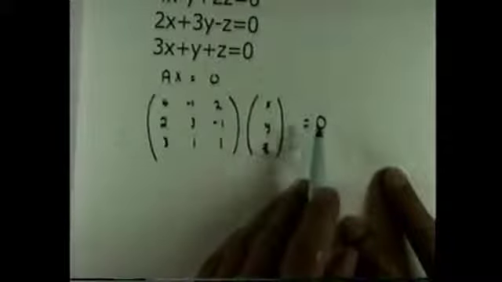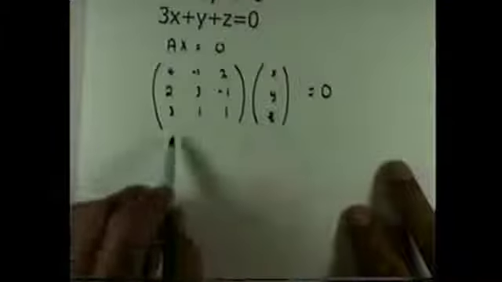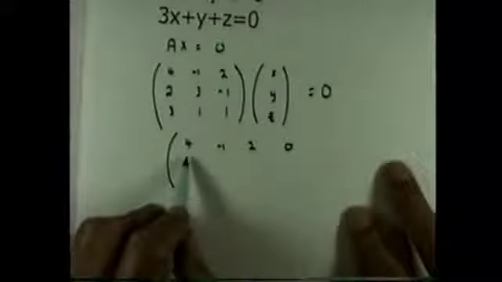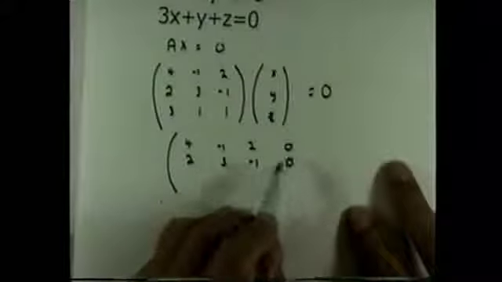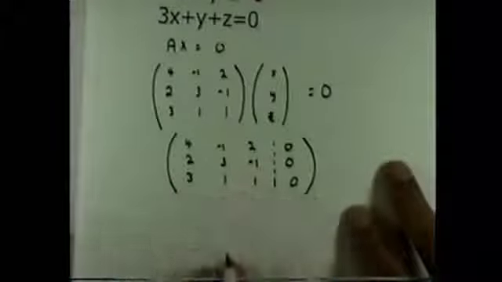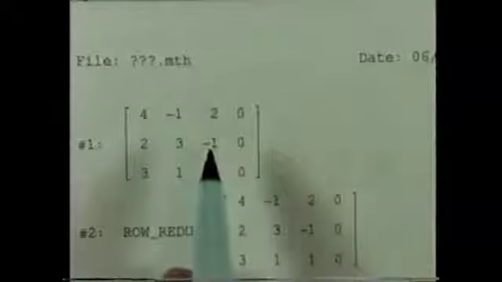In fact, what I did, I put the constants with it to row reduce the augmented matrix [4, -1, 2, 0; 2, 3, -1, 0; 3, 1, 1, 0], the way we solve systems, and I went to Derive, entered the matrix, had Derive row reduce the matrix, and we can read the solutions.